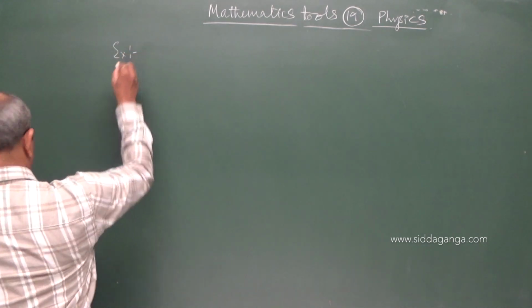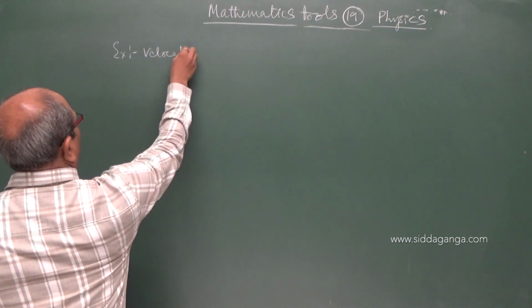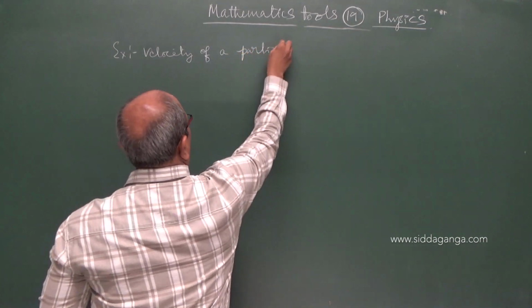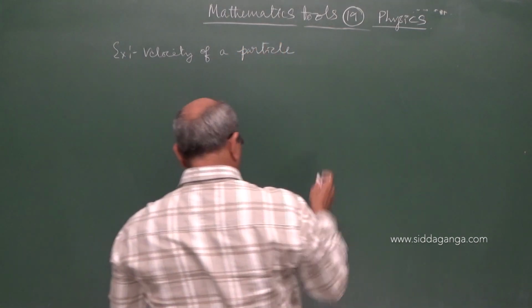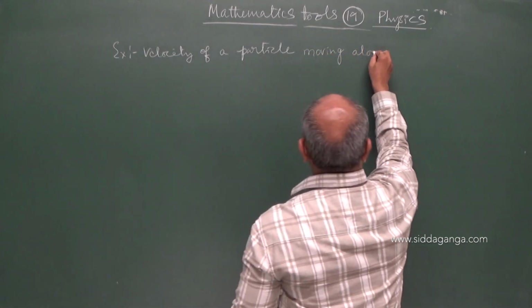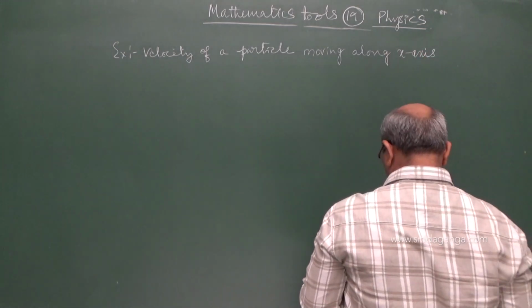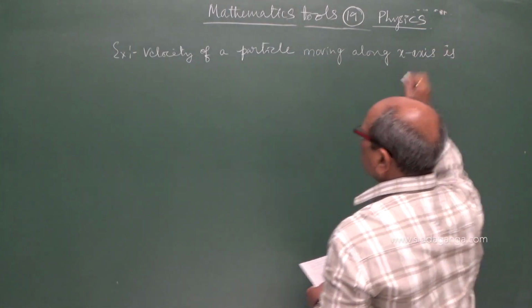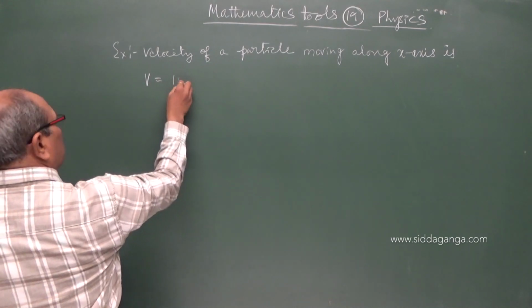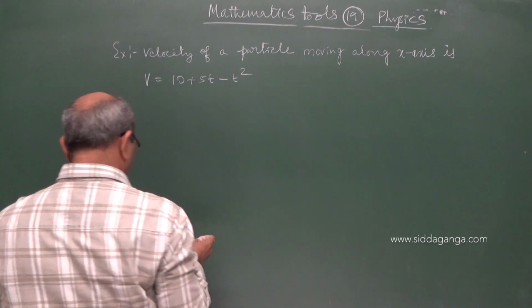Let us take an example. Velocity of a particle moving along x-axis is v is equal to 10 plus 5t minus t square.